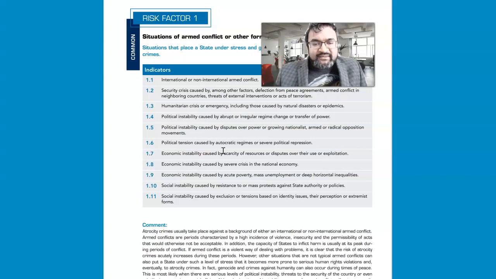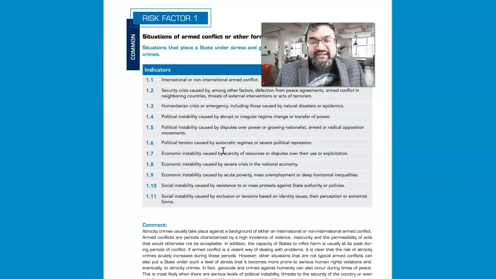Economic instability caused by severe crisis in the national economy, economic instability caused by acute poverty, mass unemployment, or deep horizontal inequalities. And when there's inequalities, when there's mass unemployment, there's a need to blame someone. And unfortunately, minority groups are the first to be blamed for economic crises.